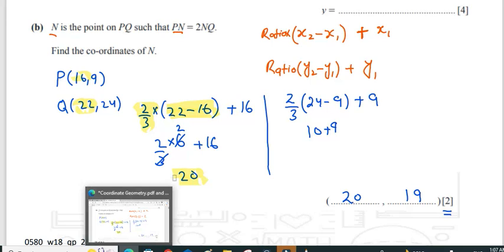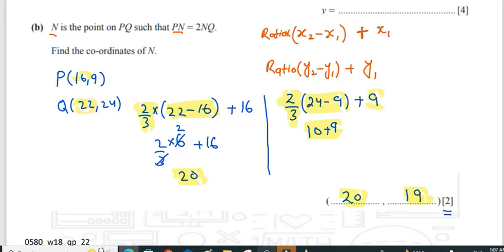Similarly, for the y coordinate, this is also 2/3, but y2 minus y1 means 24 minus 9 will be done, plus 9. Okay, so when I am solving this, the final answer is 19, so 20 and 19. Is this okay up till here?